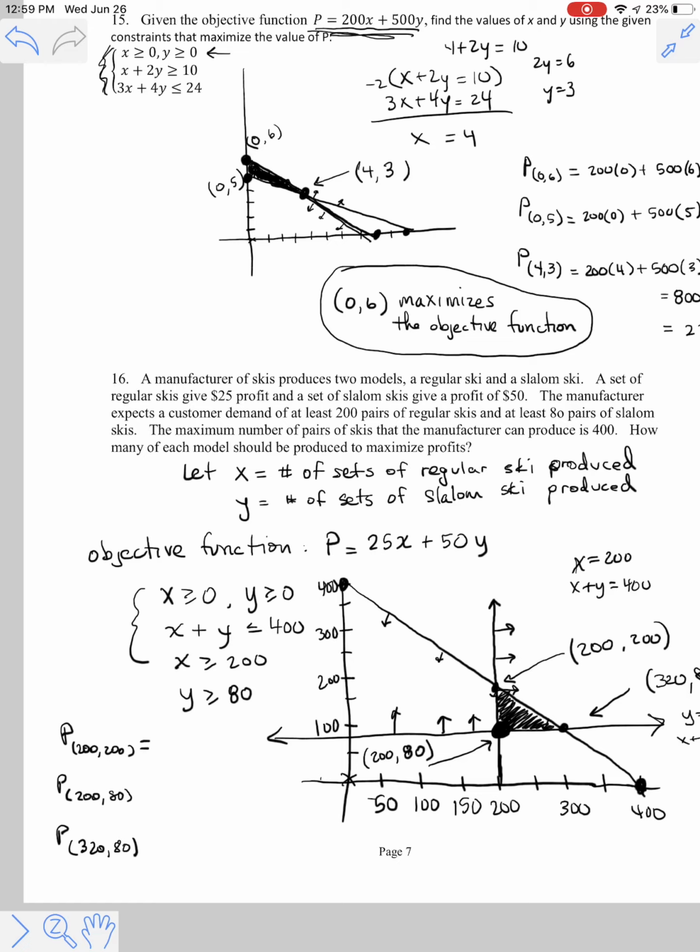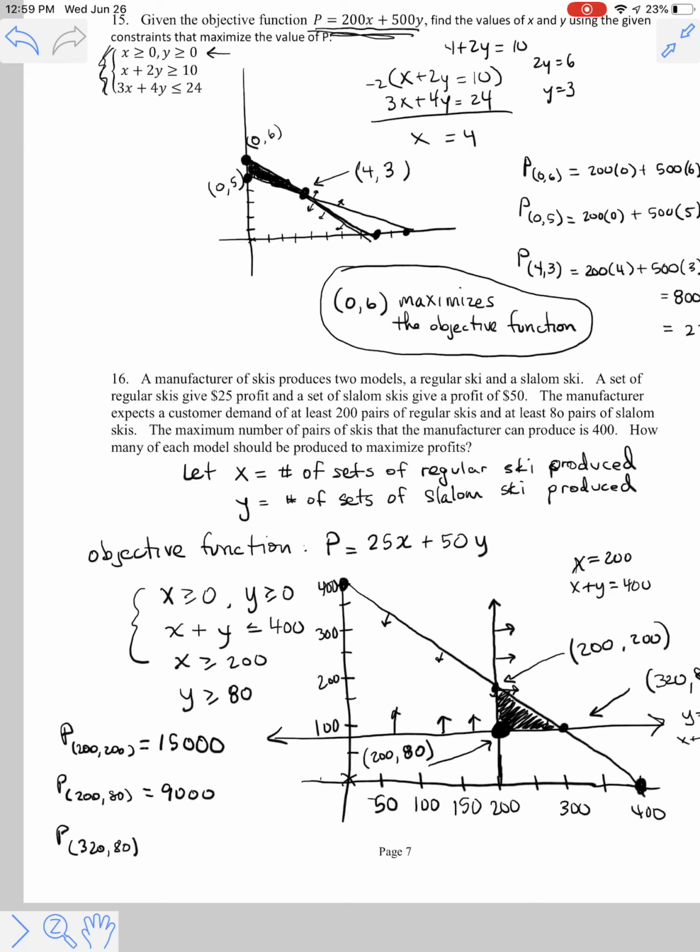So if we plug each of those values in for x and y and run it through the objective function, when you plug in the point 200, 200, you're going to get 15,000. When you plug in the point 200, 80, you're going to get 9,000.